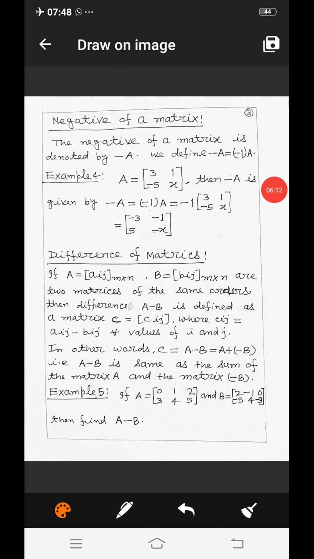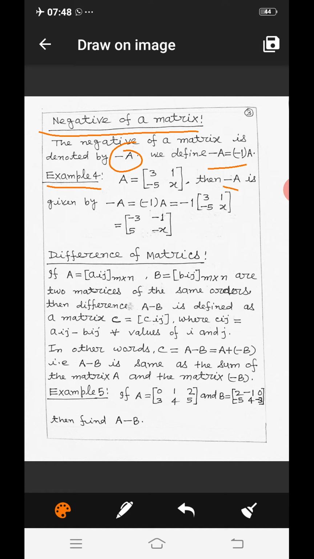Now we discuss negative of a matrix. The negative of a matrix is denoted by minus A. We define minus A equal to minus 1 into A. Taking an example, let a matrix A equal to having elements 3, 1, minus 5, x.